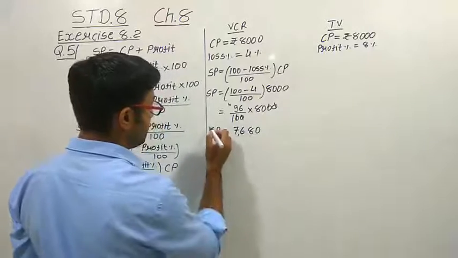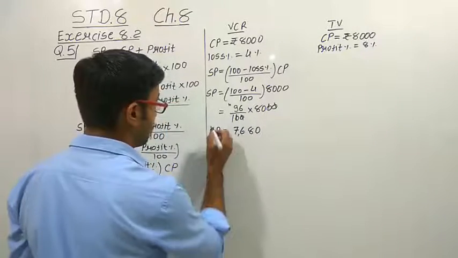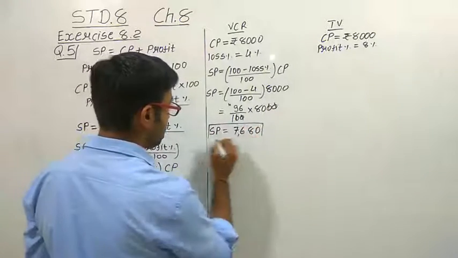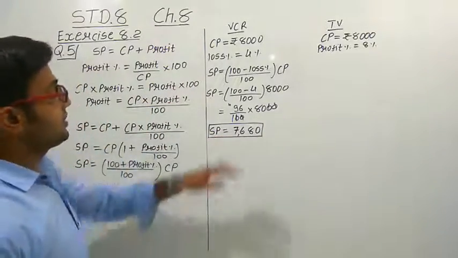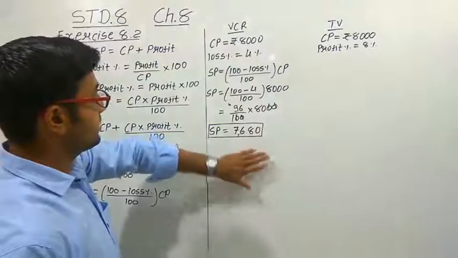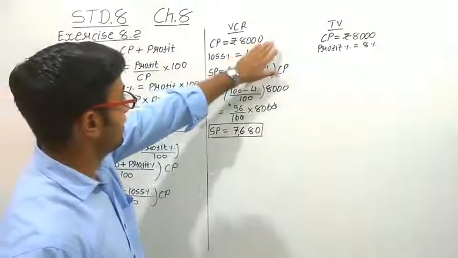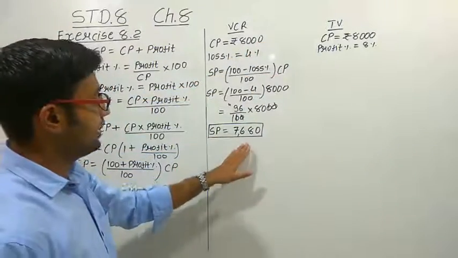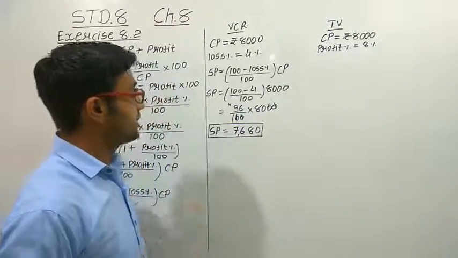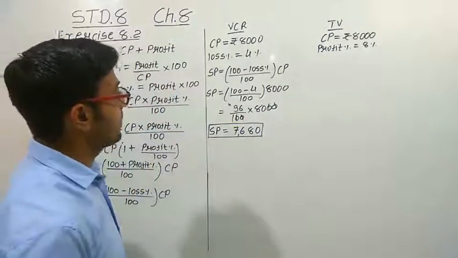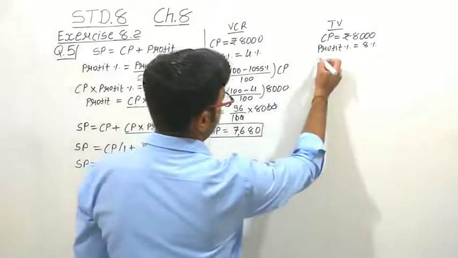So this is the selling price of the VCR. He purchased the VCR for 8,000 and he sold it for 7,680 rupees. So this is the selling price. Now let us find out the selling price of TV. Same formula we have to apply here.